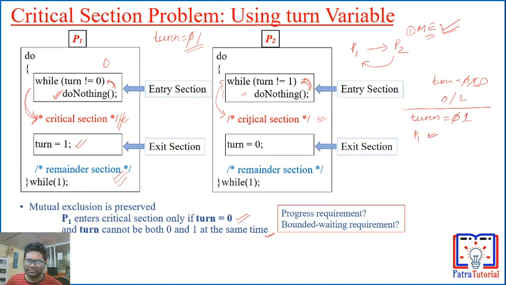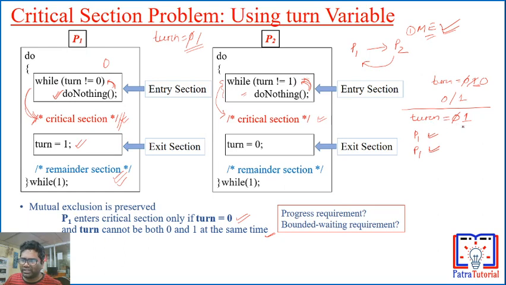Now suppose P2 doesn't want to get into the critical section, and P1 again tries to enter the critical section. That is what progress is about: only those processes that are trying to enter the critical section will compete for it.